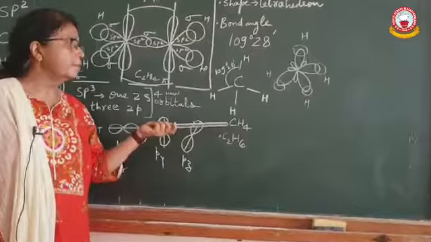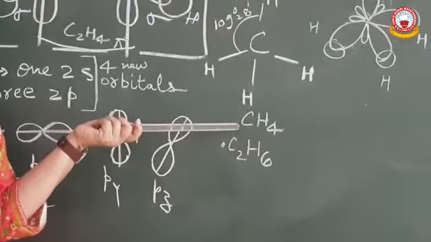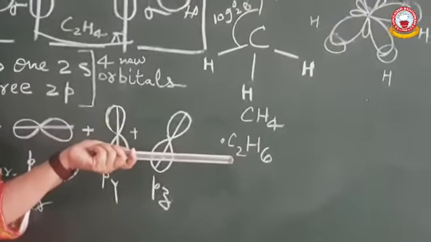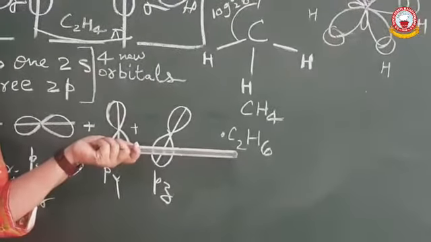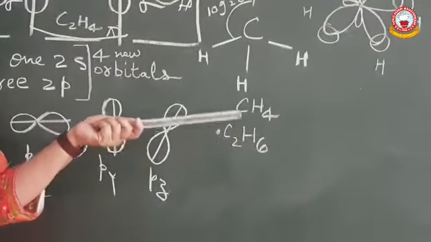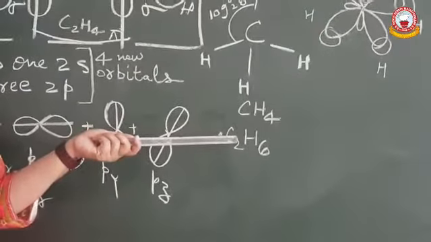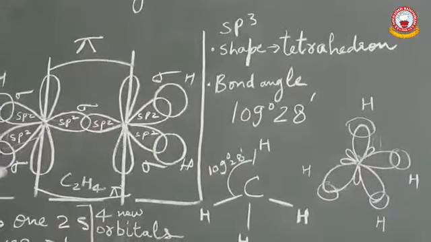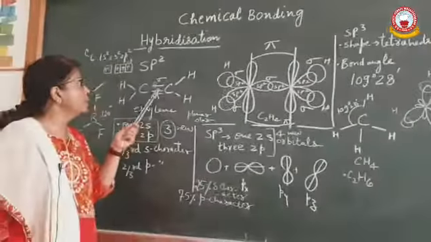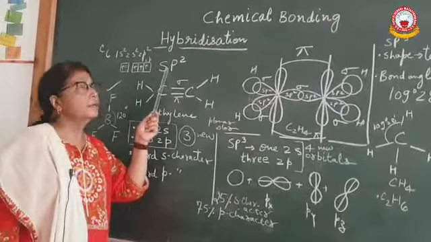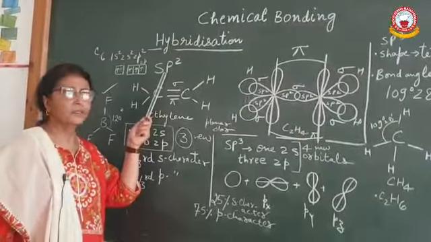By taking examples of organic compounds, we can take CH4 as one of the examples, and another example is C2H6. Both of them are saturated hydrocarbons. So, saturated hydrocarbons are examples of sp3 hybridization, and here you can say that a double bond is there. So, it is an unsaturated hydrocarbon, and here sp2 hybridization is there.